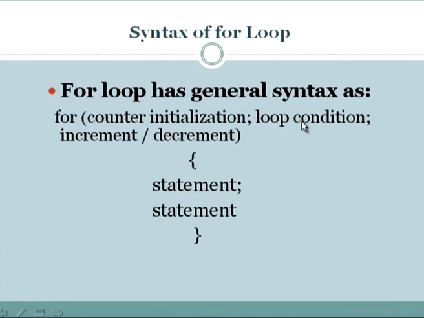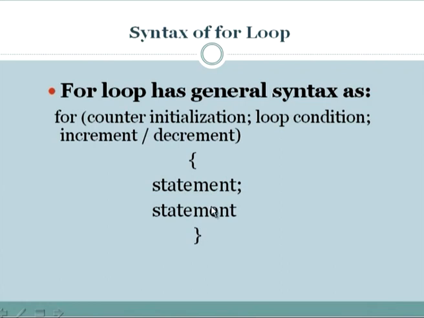Then there is a section for loop condition checking, followed by a section where we can change the value of the loop counter either by incrementing or decrementing. Then the body of the loop starts with an opening brace and closes with a closing brace.